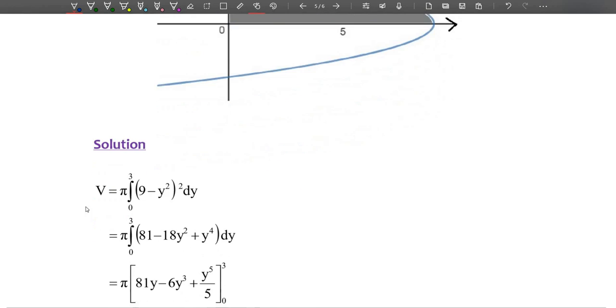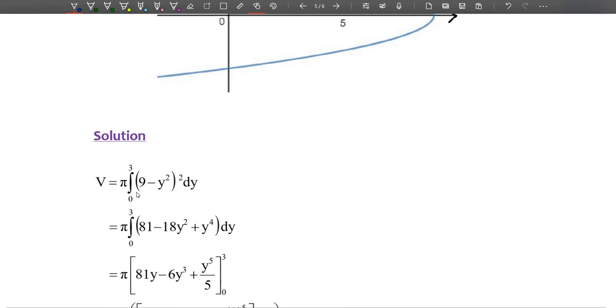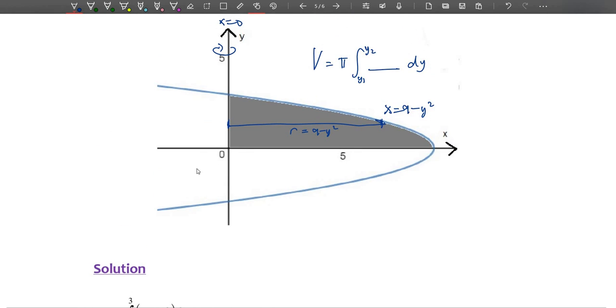We need to integrate V equal to pi from 0 to 3. Why 0 to 3? Because this is the lower limit of the region, and this is the upper limit. At first you don't know the value here, so what you need to do is find the y-intercept, which means x equal to 0.